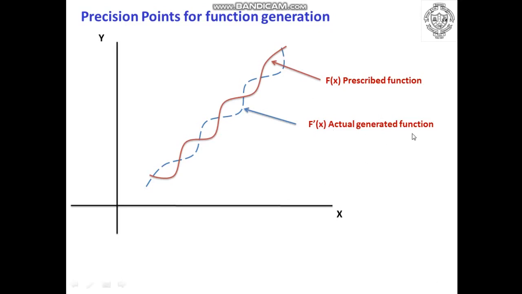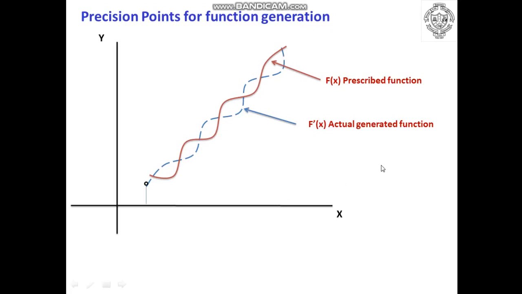Now if you observe the points where the prescribed function and actual function are matching: first point is this one, second point is this one, third, fourth, fifth, sixth, and seventh point is this one. These points are considered precision points, or accuracy points.